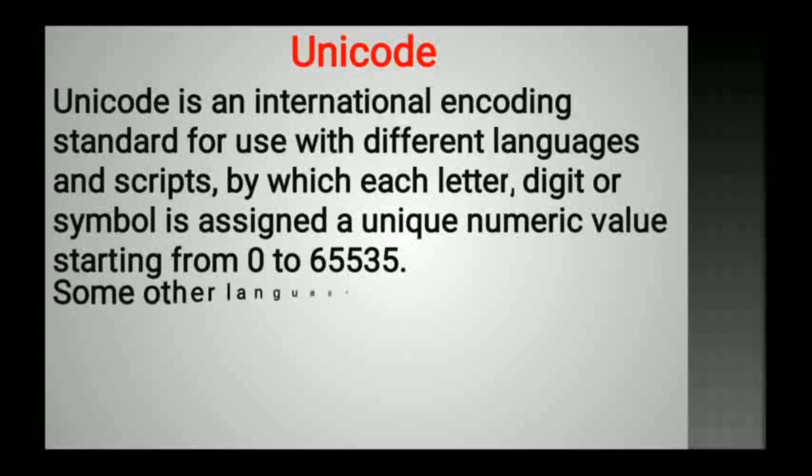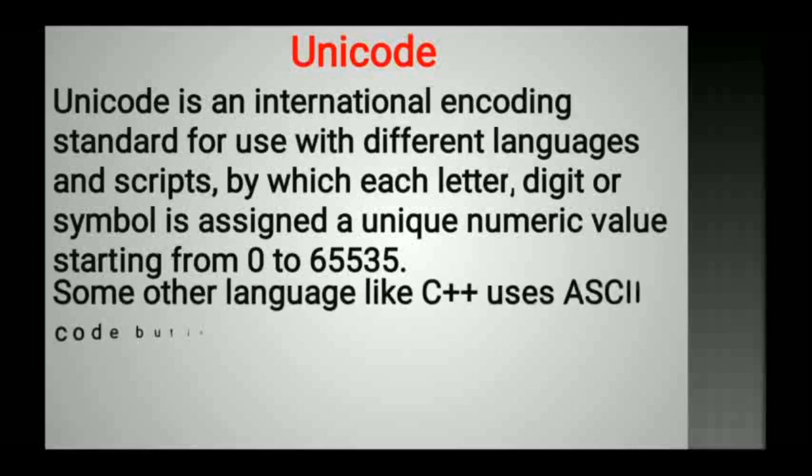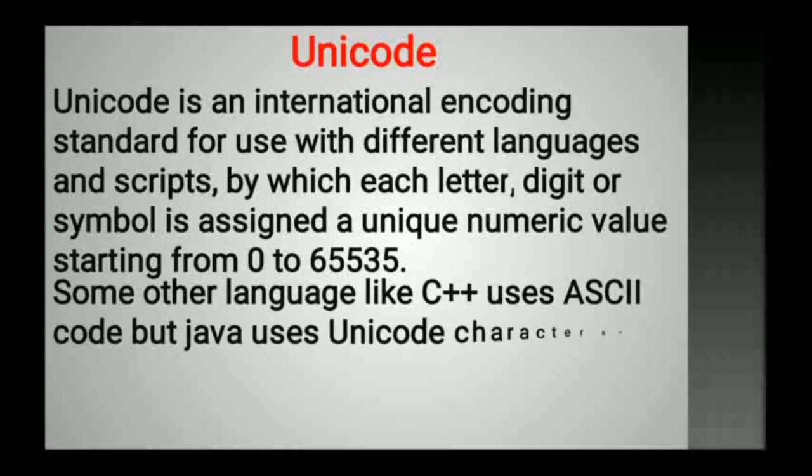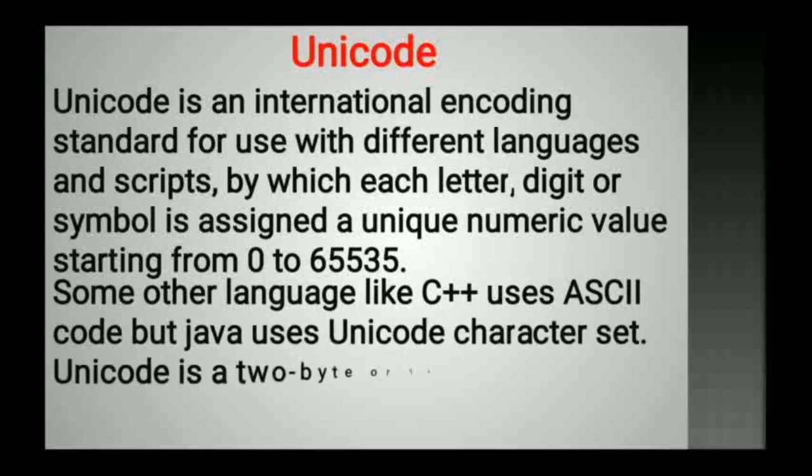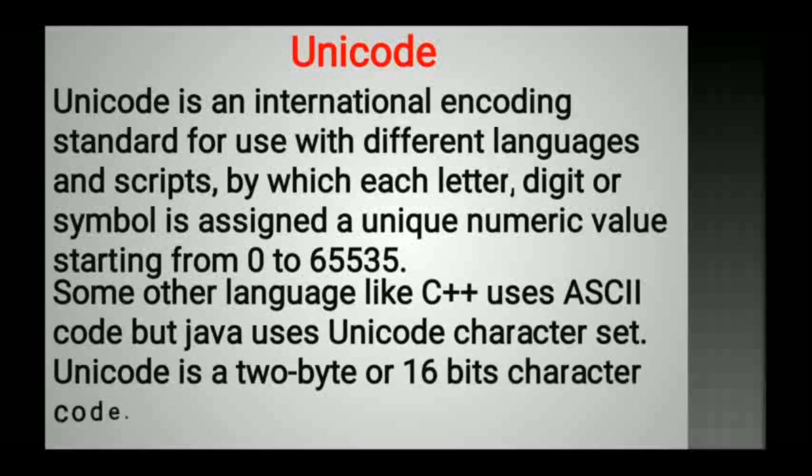And some other languages like C++ use ASCII code, but the Java language uses the Unicode character set, where Unicode is a 2-byte or 16-bit character code. The ASCII code is a 1 byte or 8-bit character code.